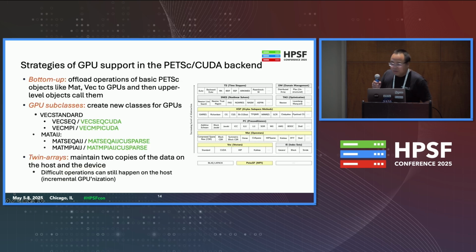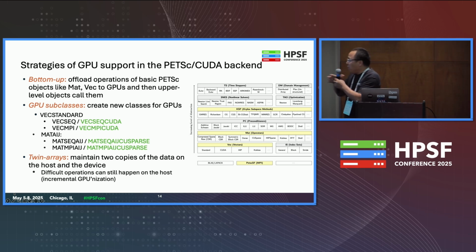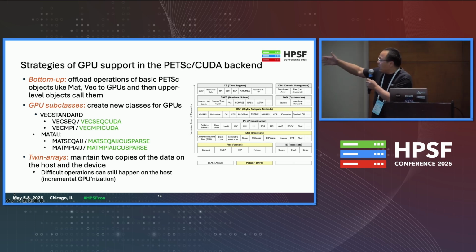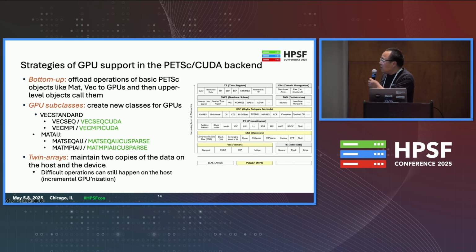So with CUDA, we had to support the GPU. We came up with these strategies. We go bottom up. We first offload vectors, matrices, and these low-level PETSc structures to the GPU. Then we designed GPU subclasses for some PETSc types, especially vectors and matrices.